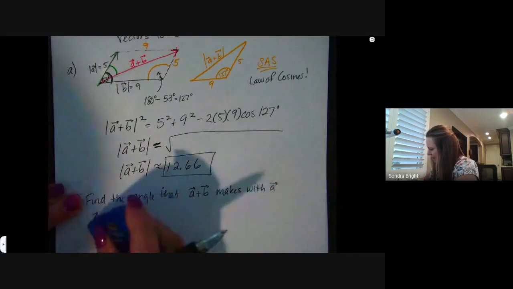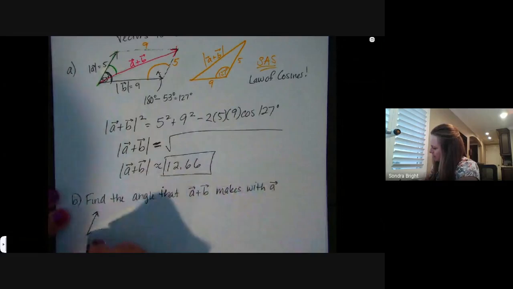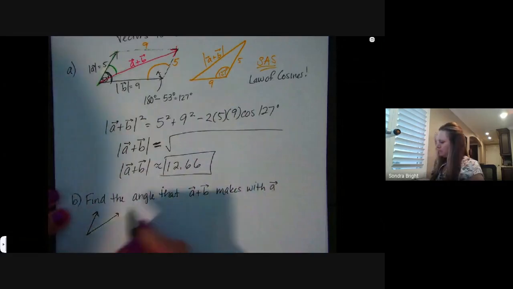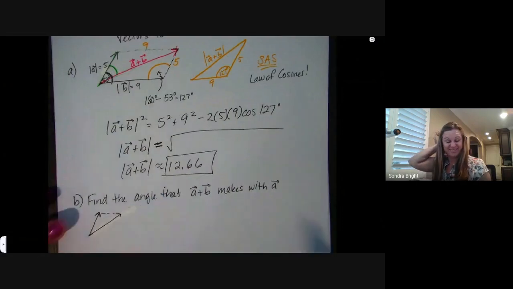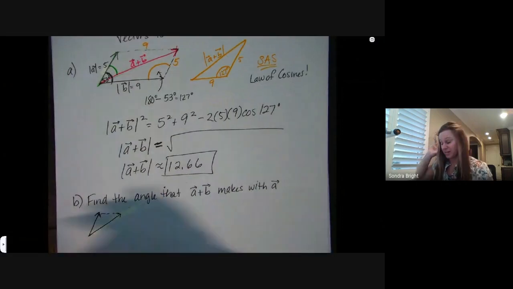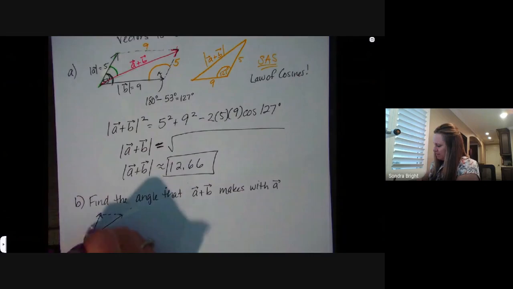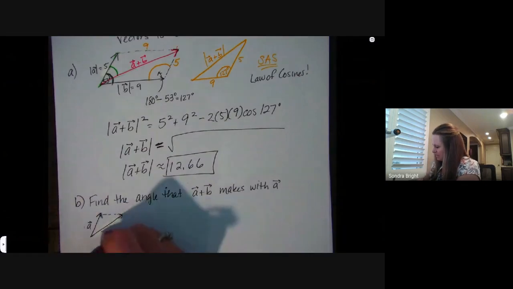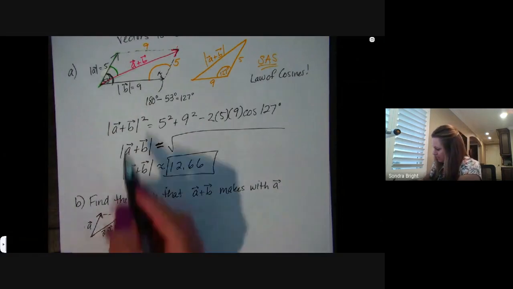Here's vector A plus B, and then there was a little, yeah, I did not make that to scale at all. Sorry about that. This is still A, this is still 5, right? And this is A plus B, and this was, I know it wasn't vector B, but it has the same length as vector B, so this one is B.